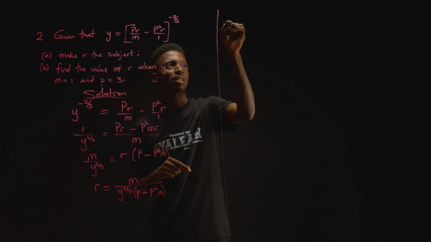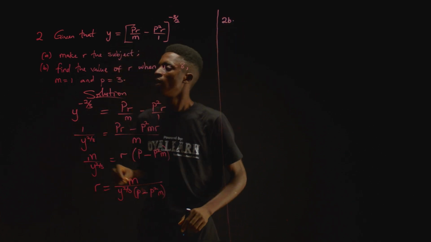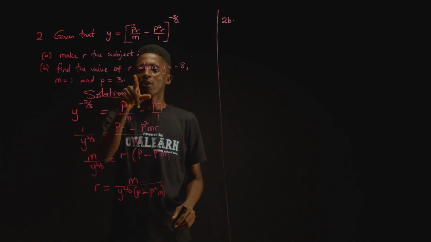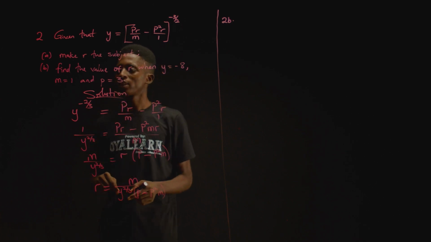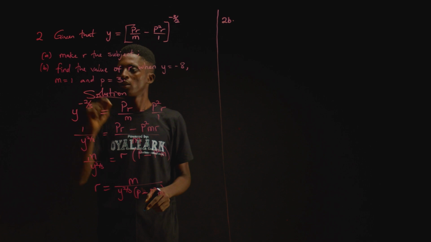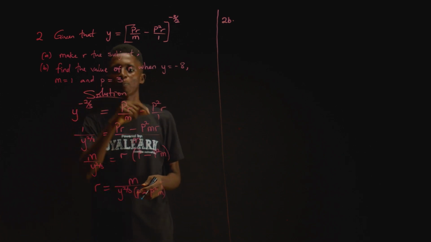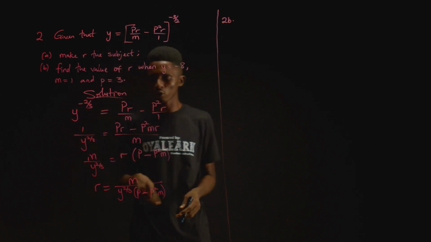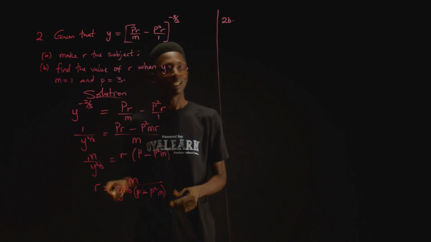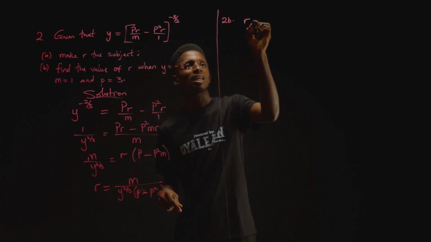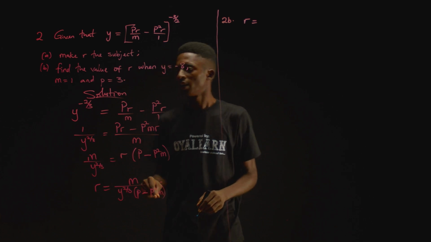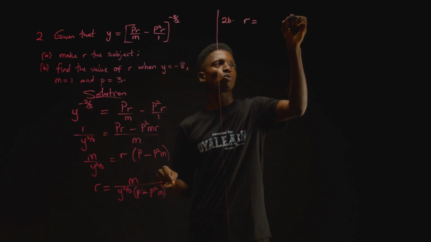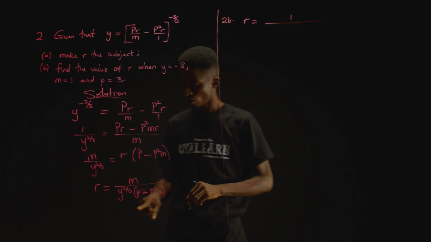Now the second part. Find the value of r when y is minus 8, m is 1, and p is 3. So since we have the values of these letters here, let's find r. That implies that r equals, now the value of m is 1, so r equals 1 all over y.